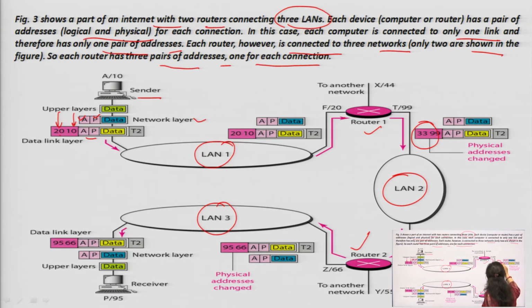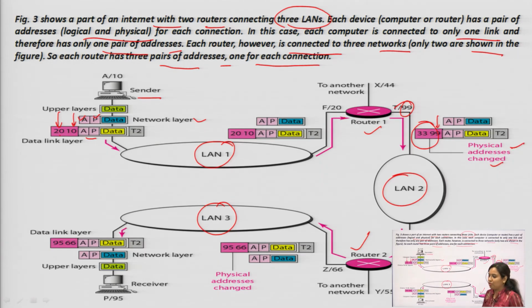So, this is the destination router, 33, and this is the source, 99. This is also appended now, which means the physical address is changed.